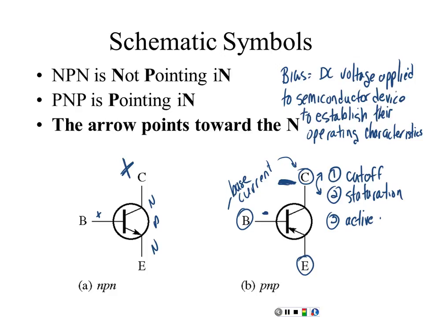And we get a gain between your collector current and your base current. That gain is what we refer to as beta. We use the Greek symbol for beta, and beta is calculated by IC over IB.